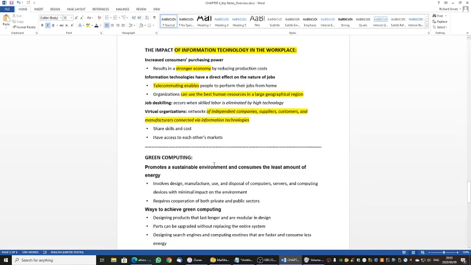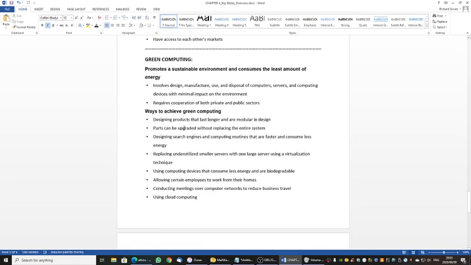The final topic for the day is green computing, and they are talking simply about promoting a sustainable environment when you use computers. What things can we do that enable green computing? We dispose of them correctly. Computer servers, computing devices, we don't have an impact on the environment.